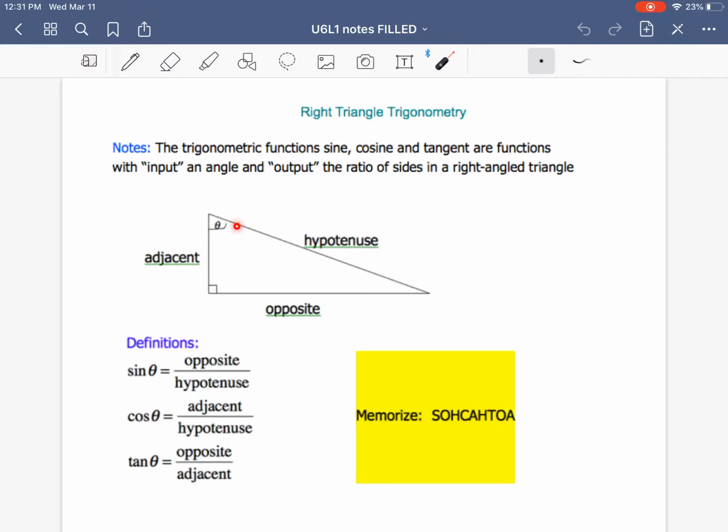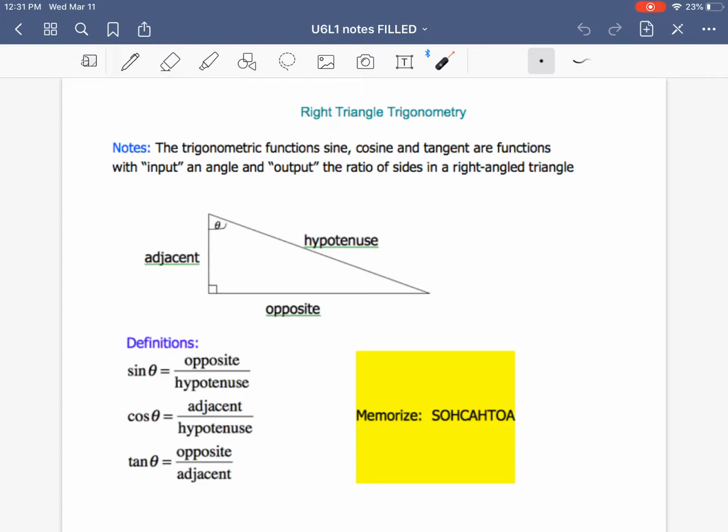And there are two sides touching the angle. This side here is the hypotenuse, the one opposite the 90-degree angle. The side that touches this angle that isn't the hypotenuse is the adjacent side. Based on this angle, here's my opposite, here's my adjacent, here's my hypotenuse.